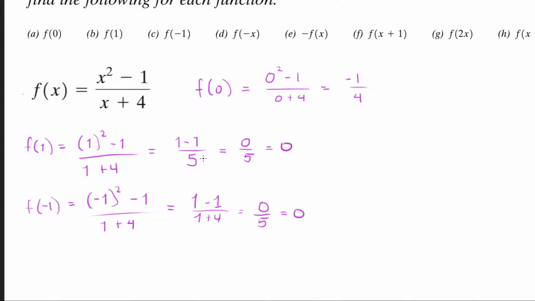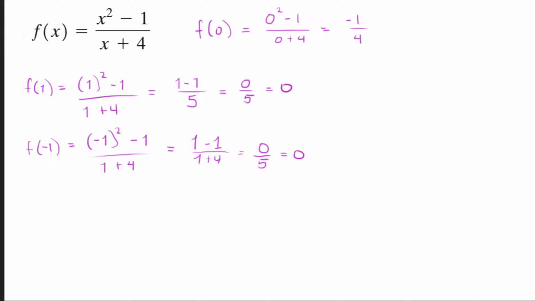Now, for the x's, f of negative x. I'm going to substitute negative x into every x in the function like this. Now, negative x squared, just like negative 1 squared, is negative x times negative x.